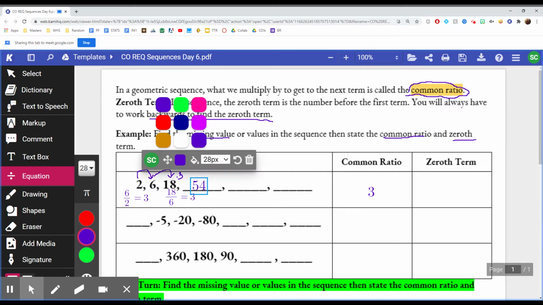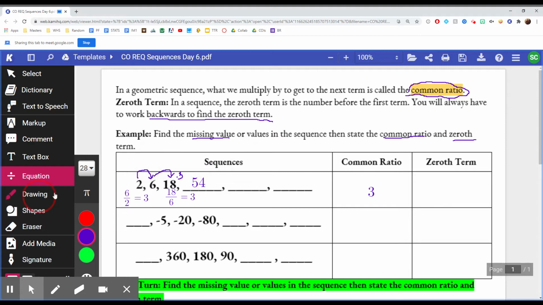Then I can multiply 54 by 3, and that is going to give me 162. When you're working on this, you might want to use your decimals to make sure that you are finding the right values.